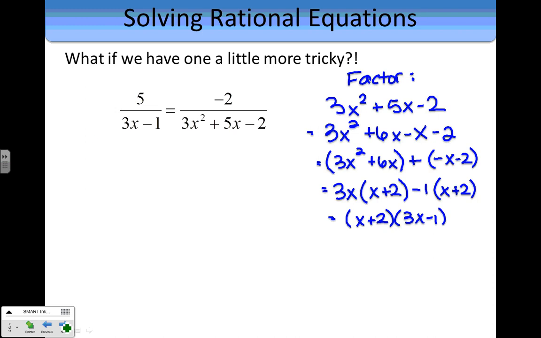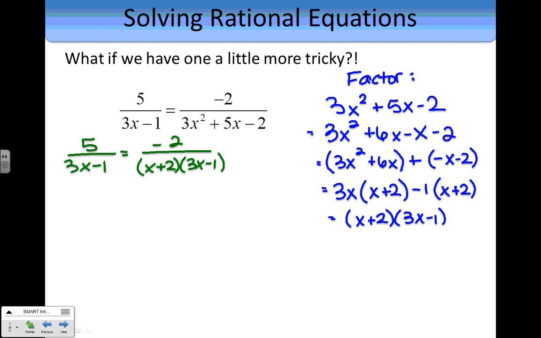So we have 5 over 3x minus 1, x plus 2, 3x minus 1. Okay, all right, so I need to find the least common multiple. Now that I factor this, I can see what factors these two rational expressions have in common, the two sides of the equation.